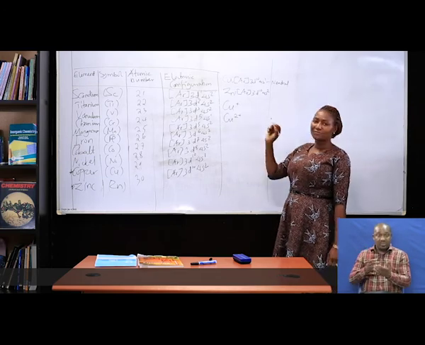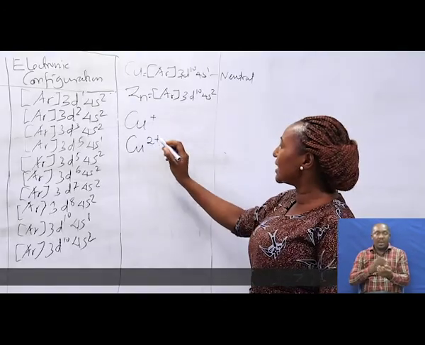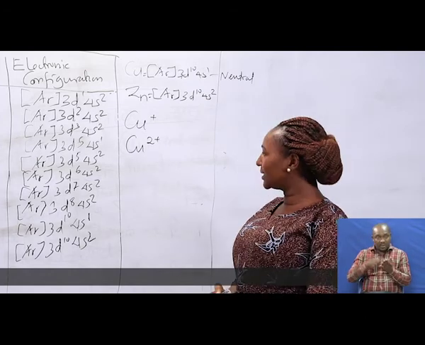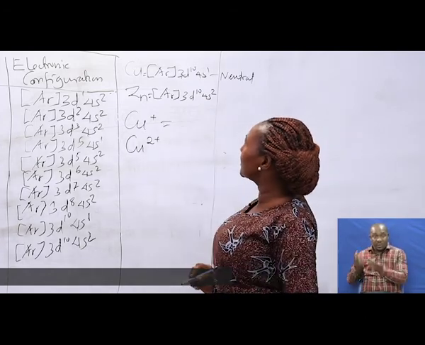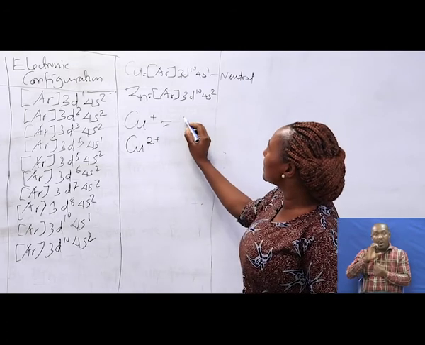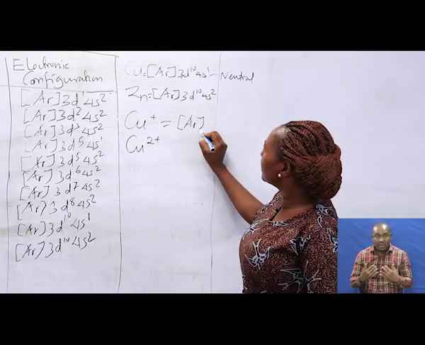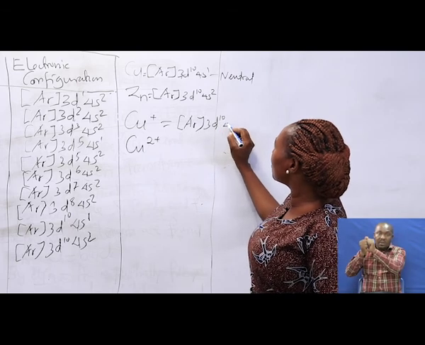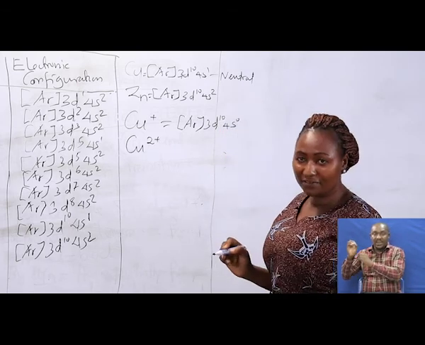But after forming an ion, say after losing 1 electron and becoming copper 1, its electronic configuration is written as argon 3d10 4s0. Why 4s0?